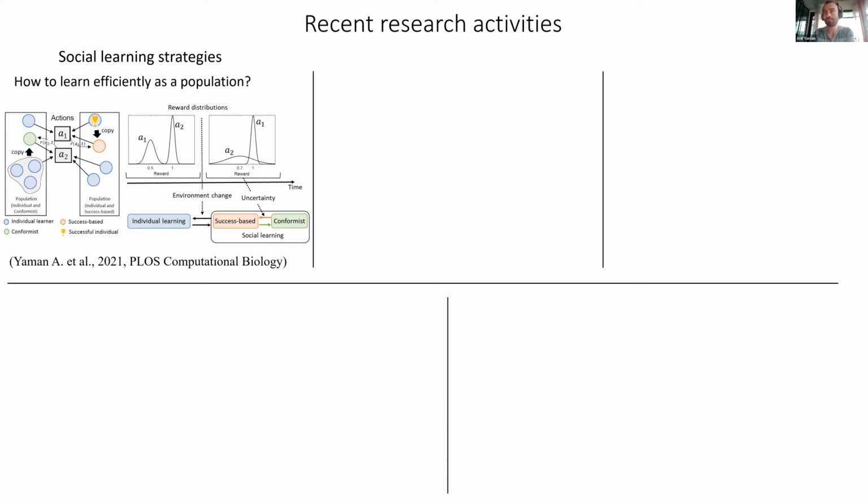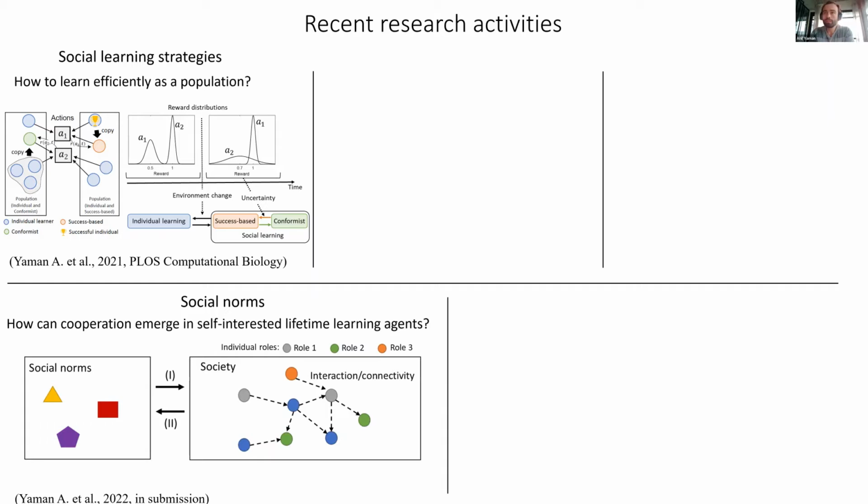More recently, at the moment, I'm working on social norms and social norm evolution. Here, again, we have groups of lifetime learning agents, but if they are self-interested, from the purely rational agent theory point of view or reinforcement learning, everybody is interested in maximizing their own payoffs.